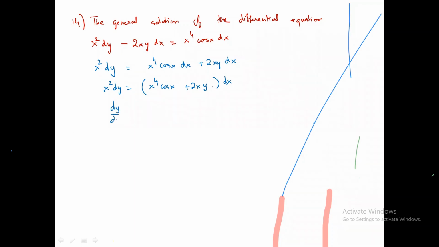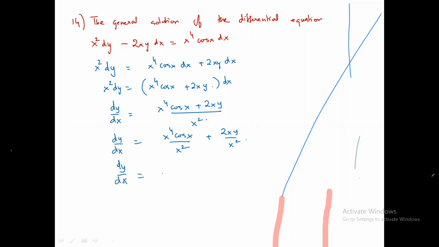So I can write dy/dx as (x⁴ cos x + 2xy)/x², or dy/dx = x⁴ cos x/x² + 2xy/x², or dy/dx = x² cos x + 2y/x.